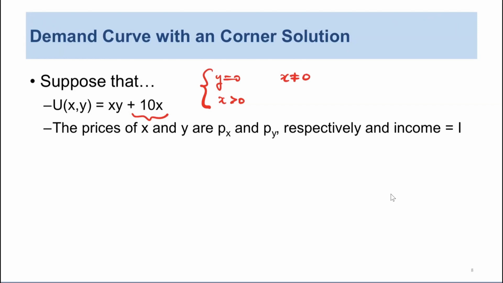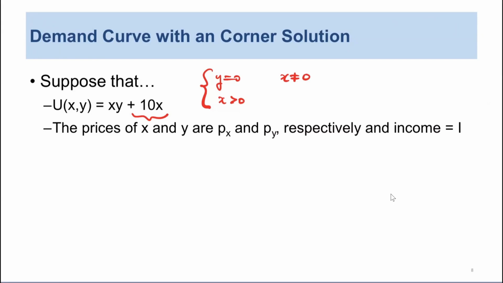So what is going to be a demand curve in this situation, especially for good y, where the corner solution may arise? To answer these questions, we're going to first characterize the individual's optimal solution, especially with respect to y, given price and income.